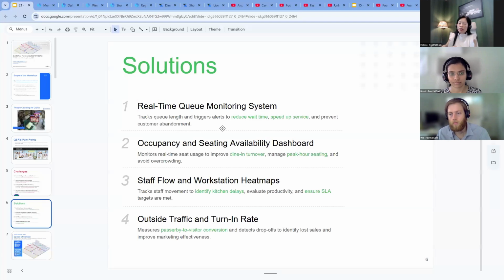Seating area. So, a seating availability dashboard. This will display the real-time seat occupancy to help customers find available seats, especially if you have a big food court, so they can see where seats are available and go there. It's particularly useful in high traffic locations and shared spaces, like I mentioned, food courts and canteens, like school canteens, office canteens, those things.